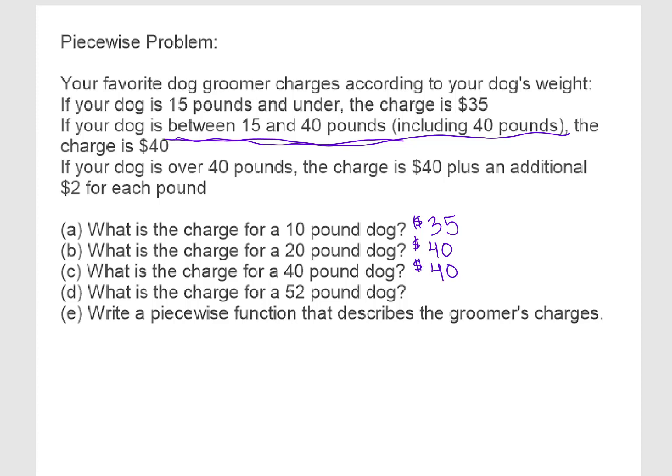And then it says, what is the charge for a 52-pound dog? Okay, so now my dog's weight has exceeded 40 pounds. So if my dog's over 40 pounds, the charge is $40 plus an additional $2 for each pound. So I'm going to pay $40 plus an additional $2 per pound.